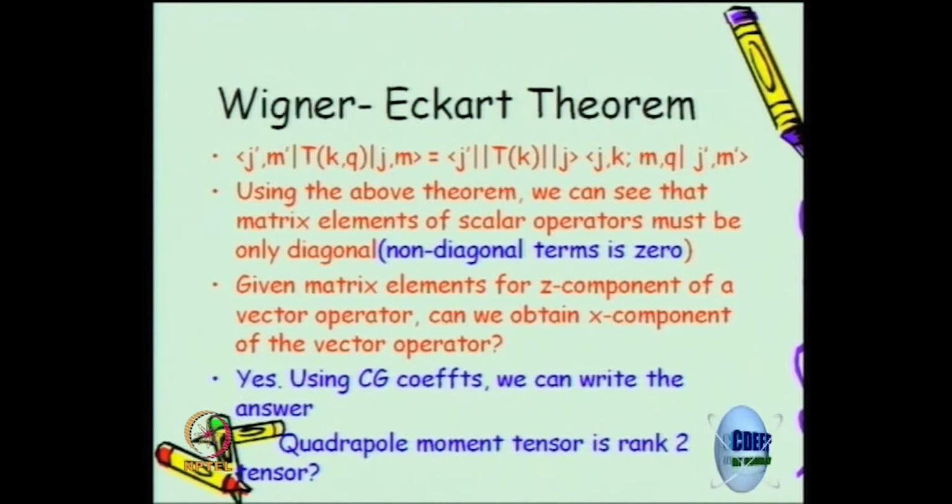It is very powerful. If the experimentalist gives you one component answer, for a rank 2 tensor you have 5 components.